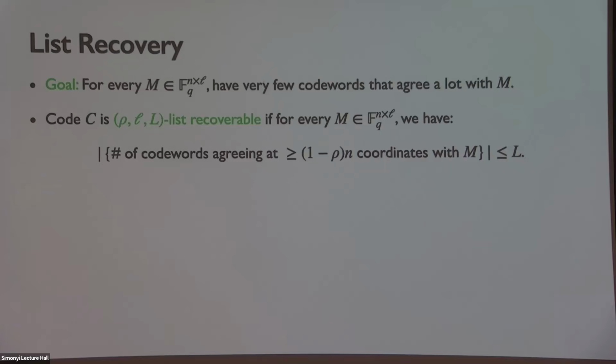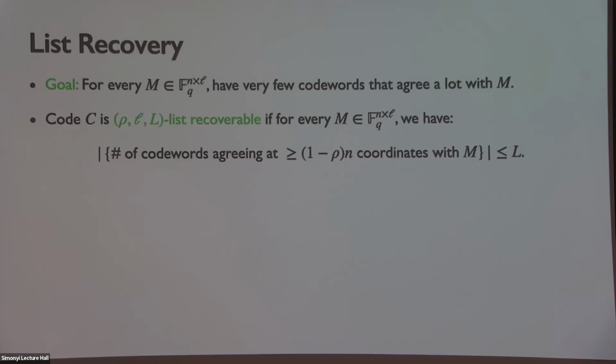So it's agreeing a lot with M. It's a good code word in the sense that it's close to M, so it could be one of the good code words. You'll see why I'm calling it a bad code word in a few slides. But yes, because you don't want too many of them. Yes, exactly. We'll change perspective in a few slides.